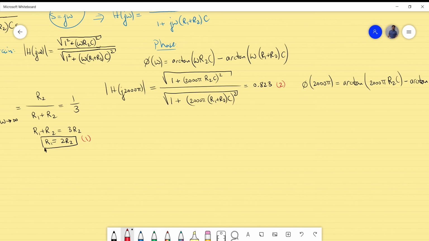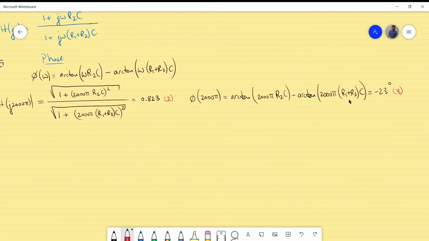So if I now look at this expression, R1 plus R2 is 3 times R2. I have this one also here, so I have R1 plus R2, which can be substituted by 3 times R2. If I do that here, or here, doesn't matter. So I use R1 plus R2 is equal to 3 times R2. That's what I will use in the expression for the phase.